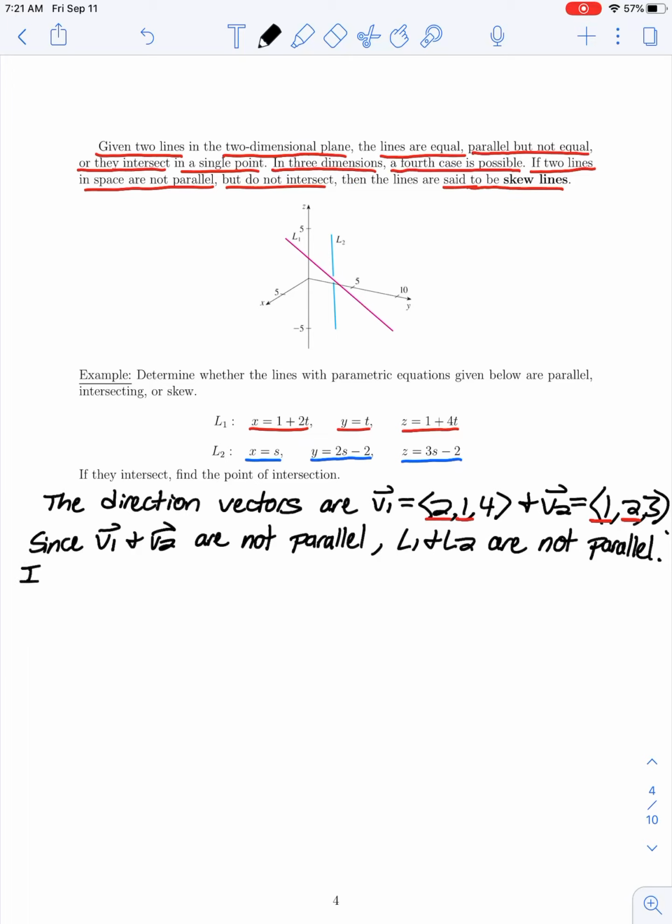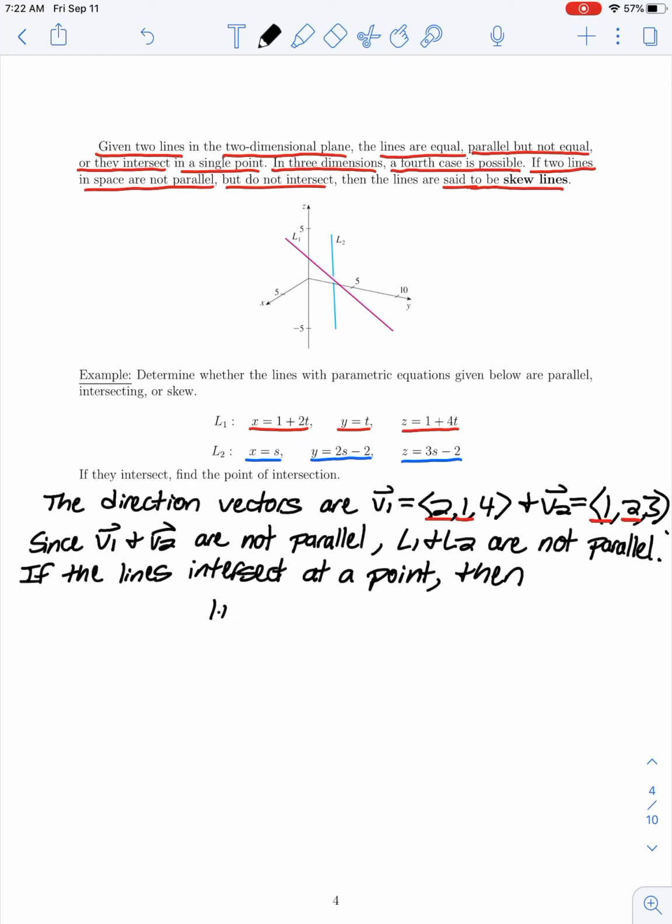So let me start by saying if the lines intersect at a point, let's call our point x, y, z, then the x, y, and z equations would have to be equal to one another for line 1 and line 2. So in order for these two lines to intersect, they would have to have the same x coordinate.